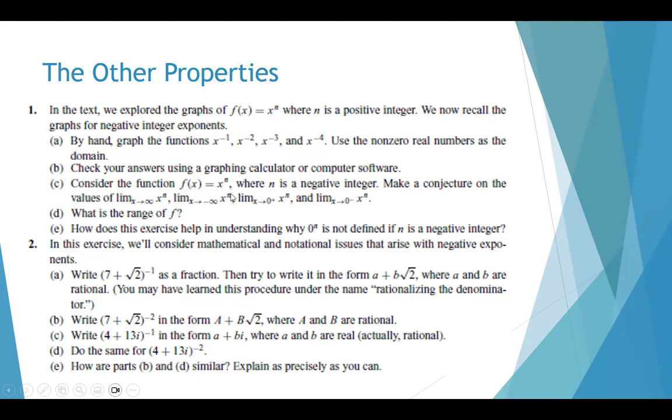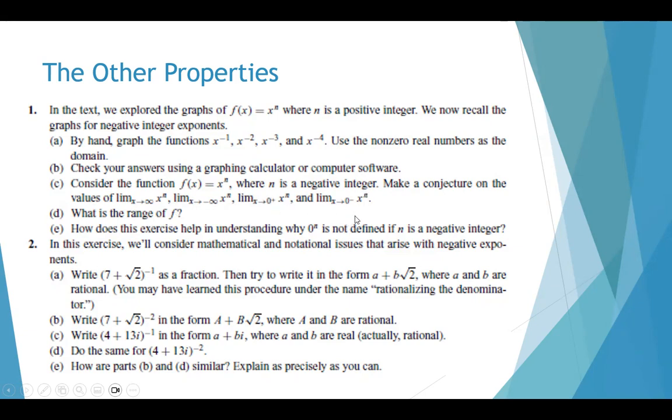And consider the function where n is a negative integer and make conjectures on the values of the limit of x as it approaches infinity, and also from the left side as it approaches negative infinity, and then as it approaches 0 from the right and from the left.